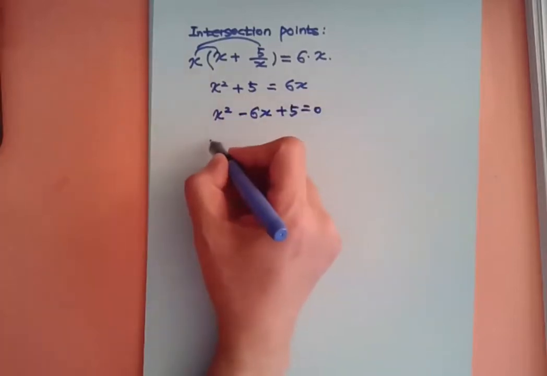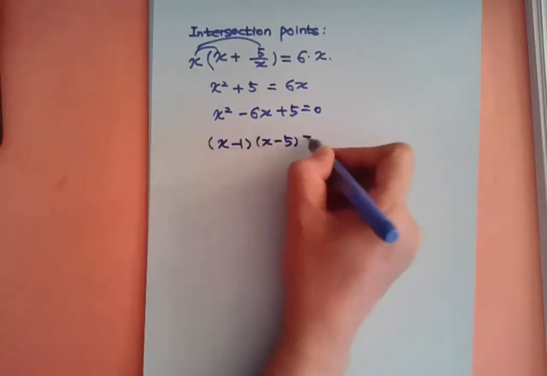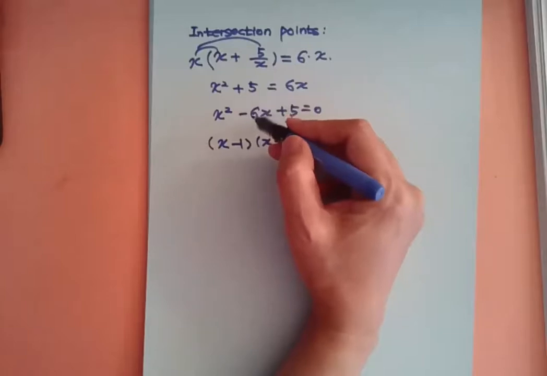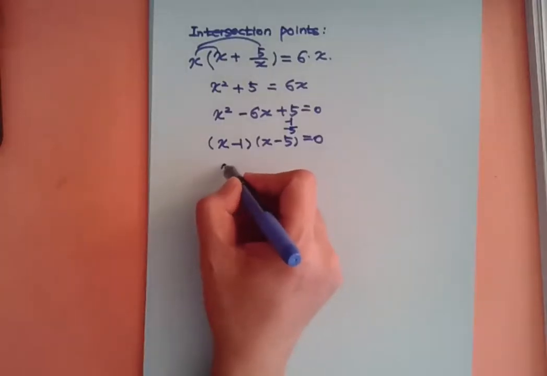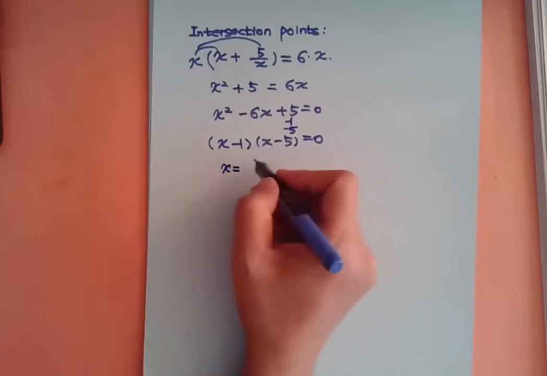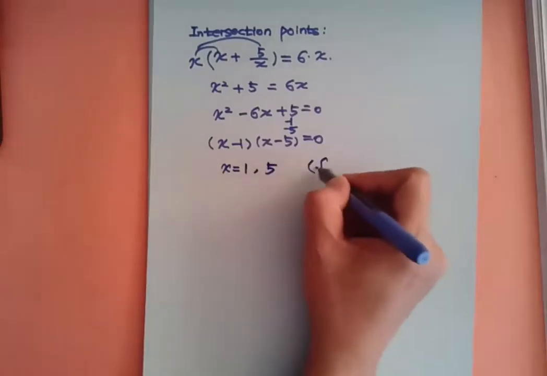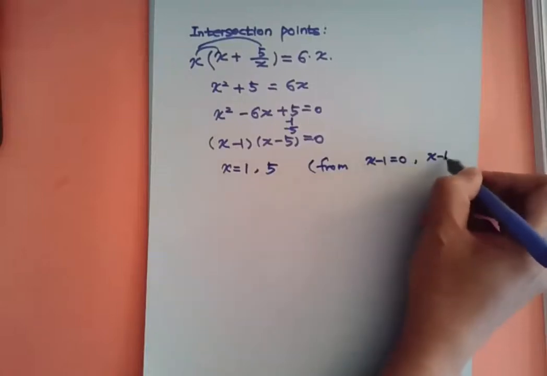So we factor that into x minus 1 times x minus 5 equals 0, because 5 is minus 1 times minus 5, and when we add them up, we get the number in front of x. From here, we got the x coordinates at the intersection points. That is x equals 1 or 5, from the equations x minus 1 equals 0 or x minus 5 equals 0.